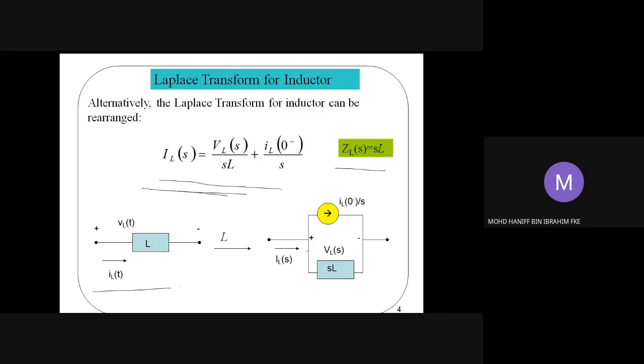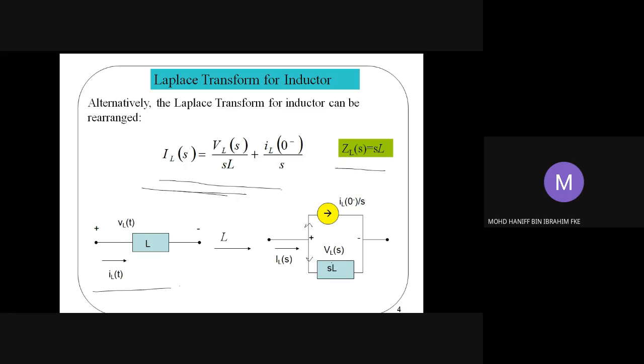So the current I_L(s) is equal to two branches. The first one is the current flowing through the inductor, which is V_L over sL. And the second one is a current source, which is I_L(0-) divided by s. So I_L(s) consists of two branches of current.